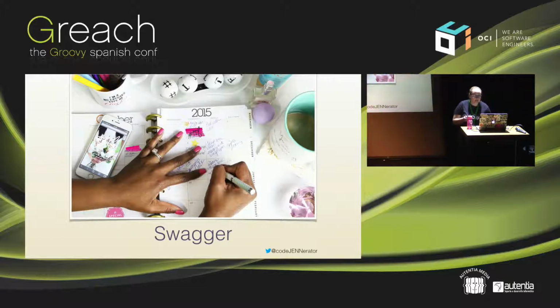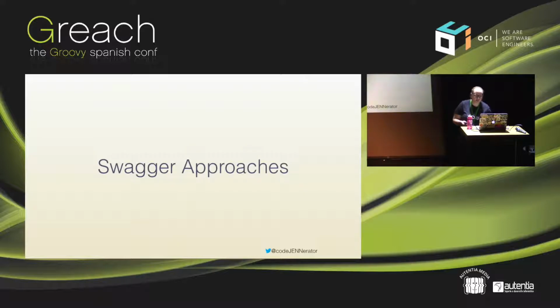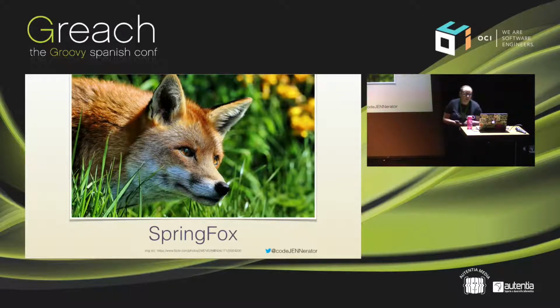Okay, so there are some approaches that you can use to get this into your Groovy project. The first one, of course, is Spring Fox. So Spring Fox is really simple to get started with. There's just two dependencies, and you get the generation of the Swagger specification from your code, as well as the UI if you want it.